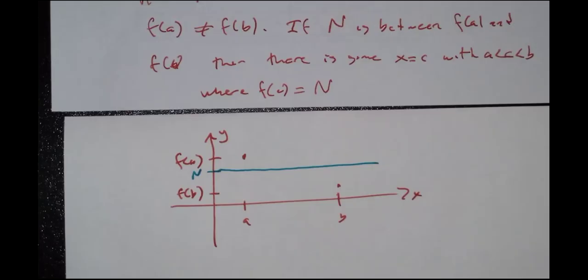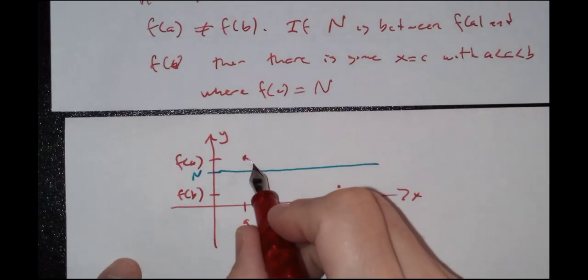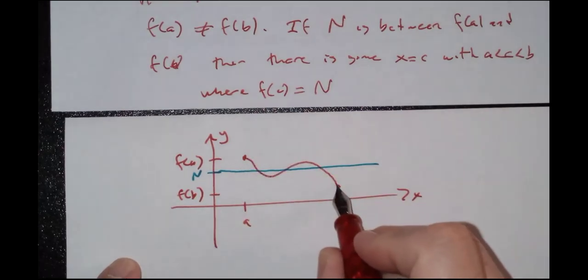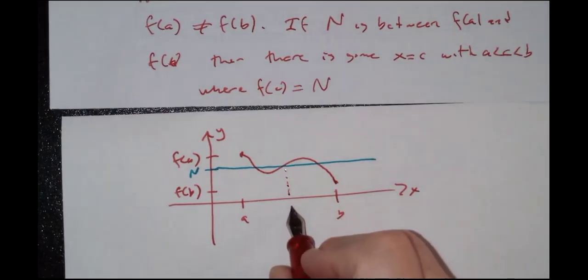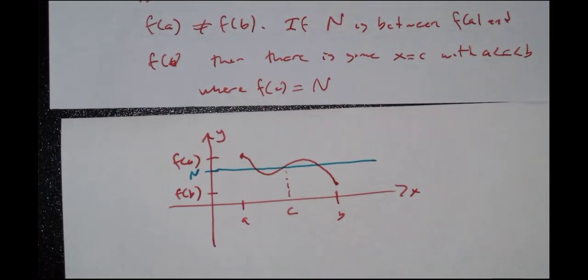When you draw your function, maybe it crosses more than once. But this value right here, that's my value c.